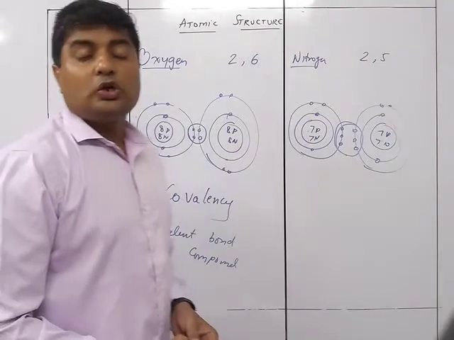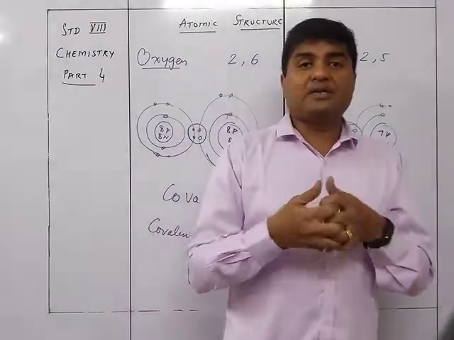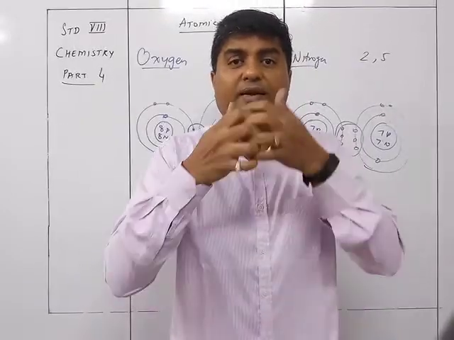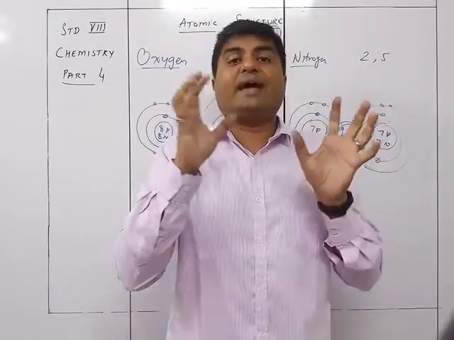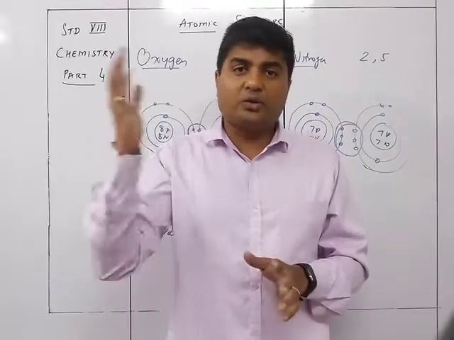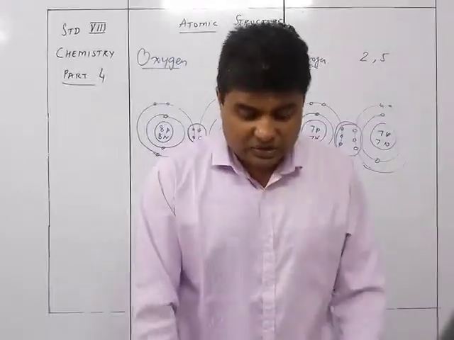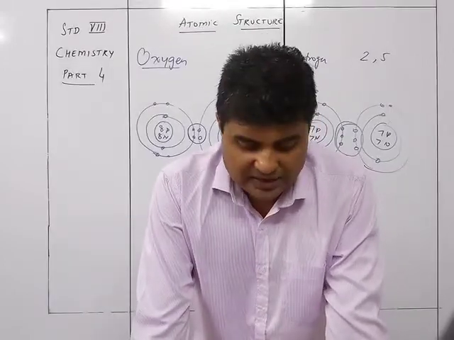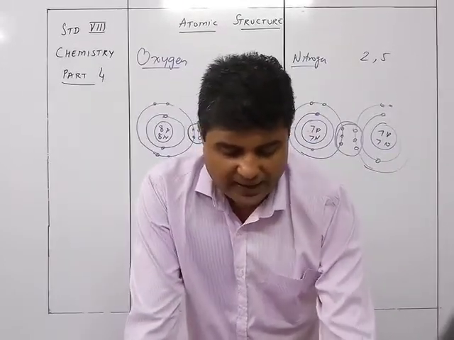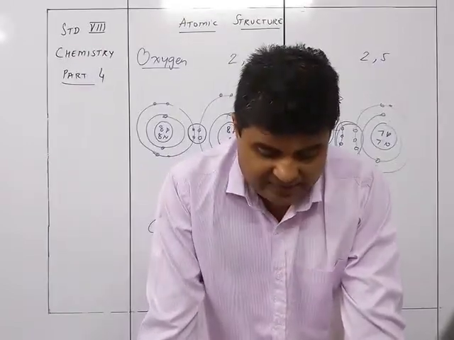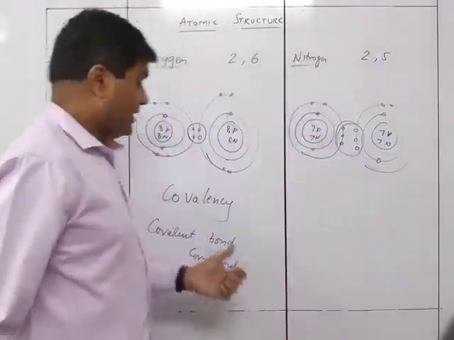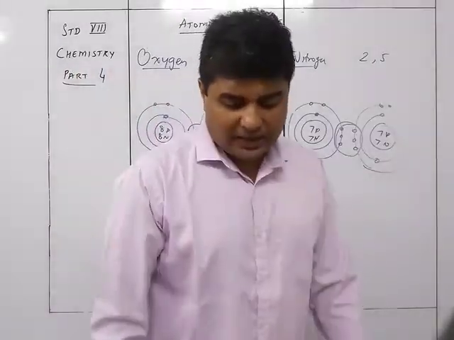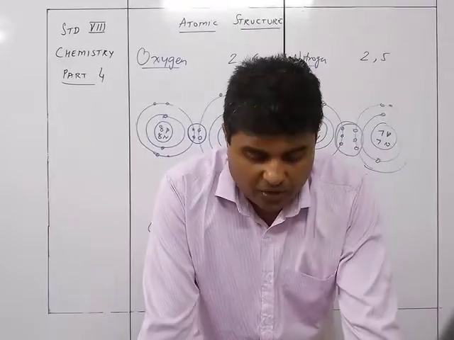So when 2 atoms combine together in such a way that they share the number of electrons present in them for the valency, to achieve the electronic configuration equivalent to the nearest noble gas, such sharing of electrons is going to be called covalency. So they are going to share 2 electrons. Nitrogen is going to have 3 electrons, and accordingly they will be reaching stability.